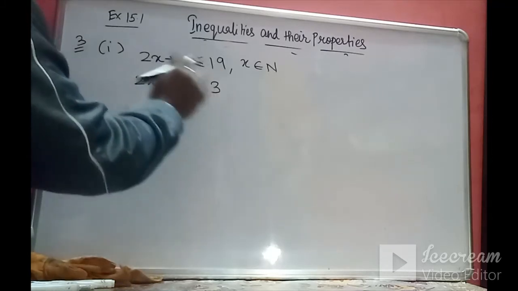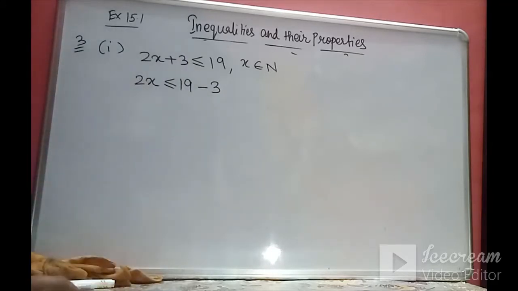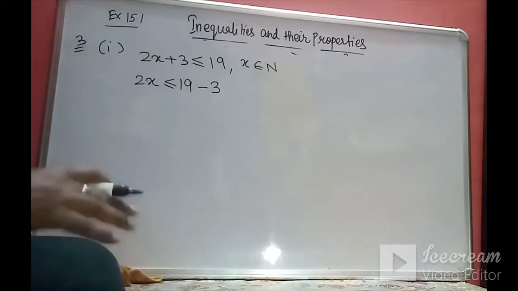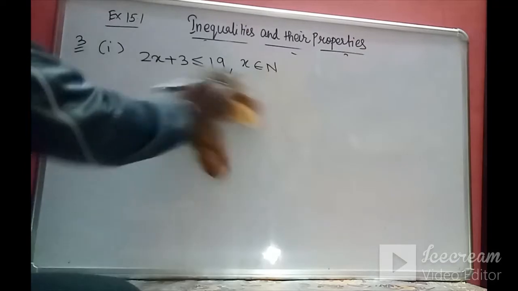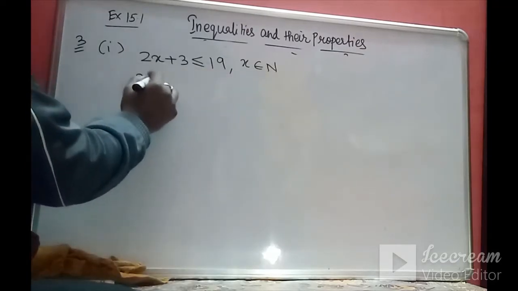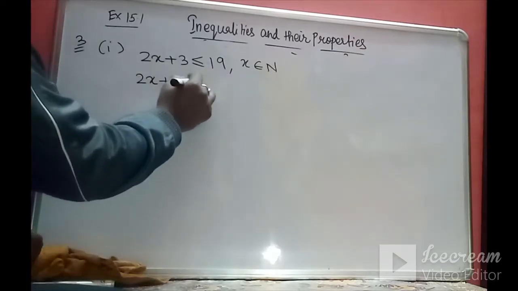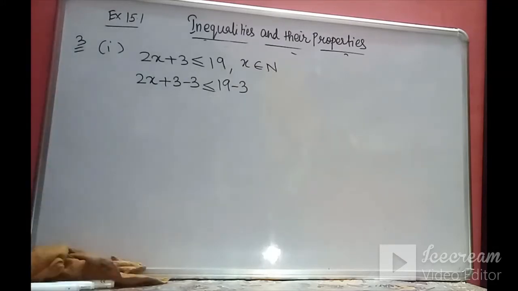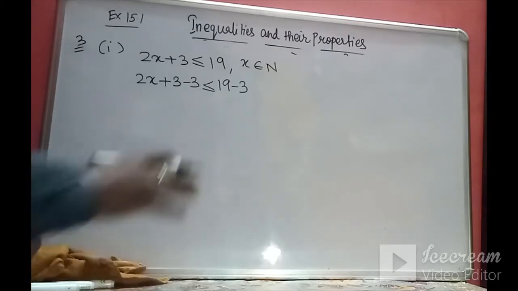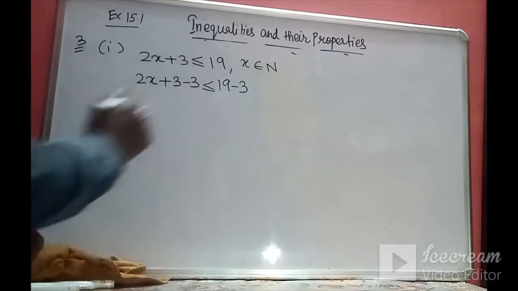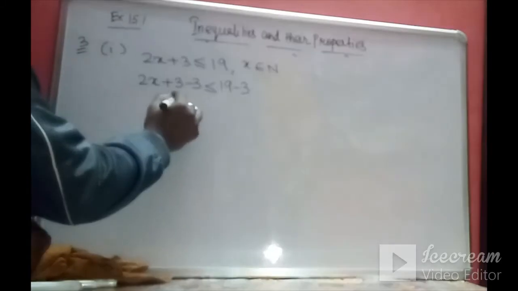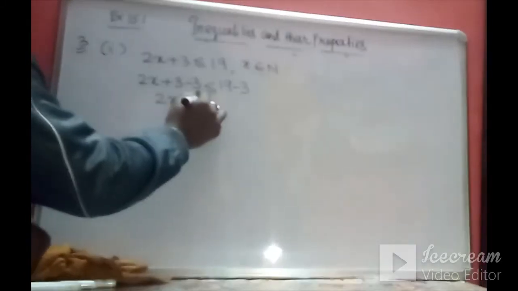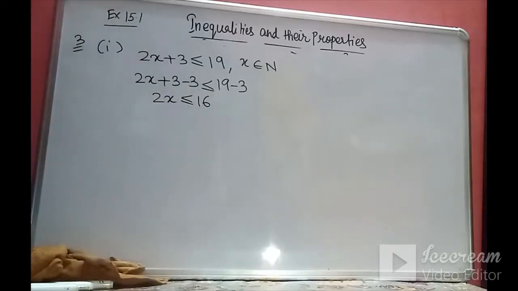What we are actually doing is subtracting 3 on both sides. And as I told you, whenever we add or subtract the same number on both sides, the sign of inequality never changes. So it becomes 2x less than or equal to 16.